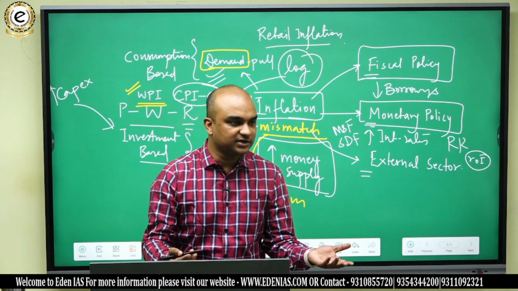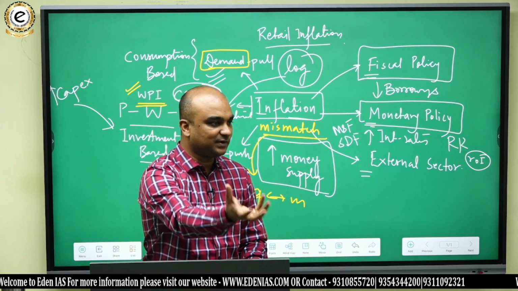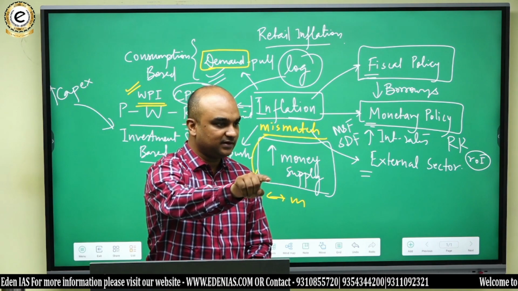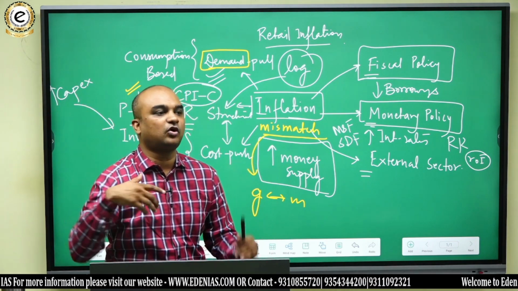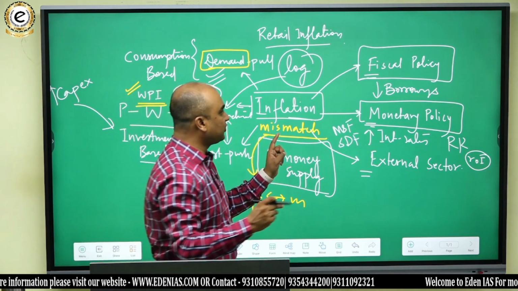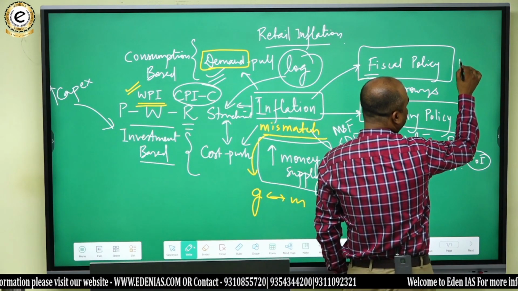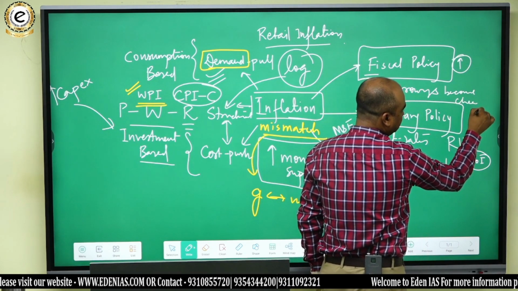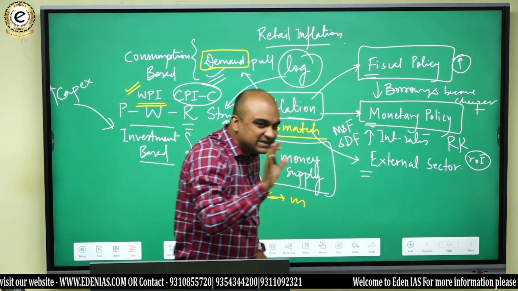Obviously, during inflation, money loses its value, and that's why borrowings become cheaper. And governments also borrow. Remember? Like say, for example, to bridge their deficits or to invest, whatever be the scenario. So government borrowings generally go up at that time because borrowings become cheaper during inflation. This is the general scenario.